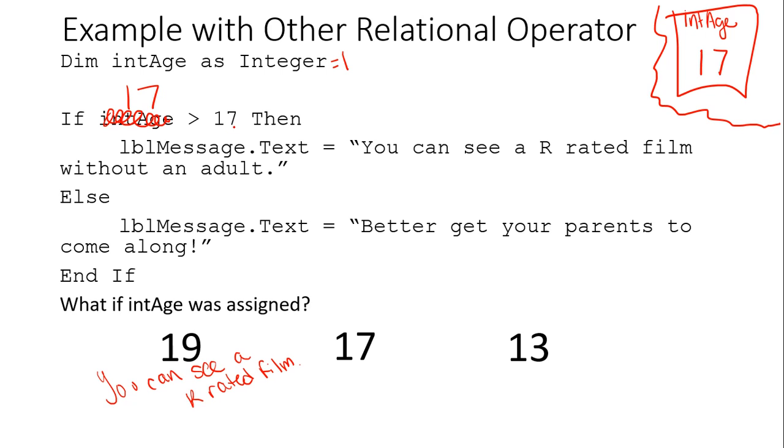Since that's a false statement, we're not going to go inside the if, we're going to go inside the else. Okay, so the false statement is the else piece. So we are going to write for 17, better get your parents to come along, right?